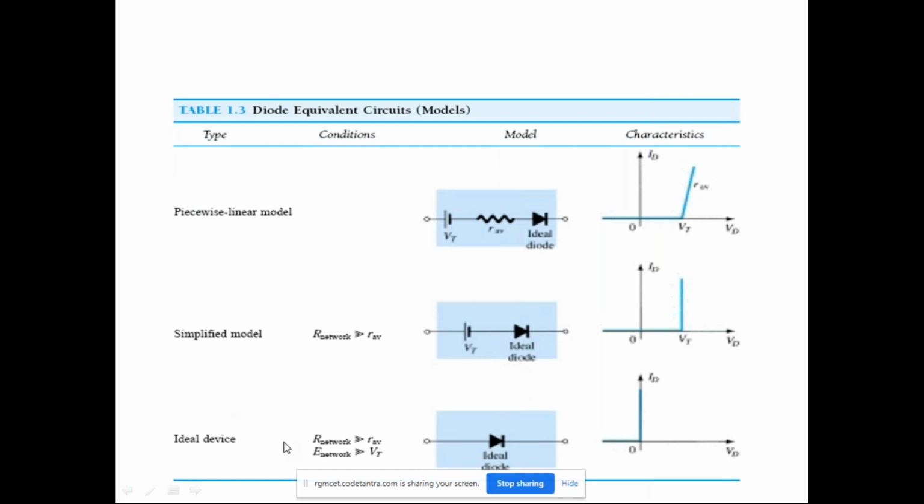Suppose you consider the diode as an ideal diode. Ideal diode means whenever the input voltage is just greater than 0, the diode enters forward bias. If the input voltage is less than 0, the diode is in reverse bias. In all these cases, it did not consider reverse bias, where a very small amount of current also flows. These are all the diode models.